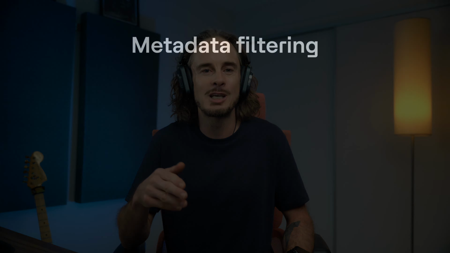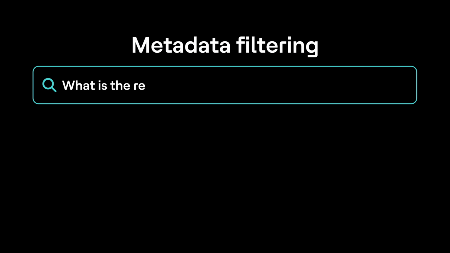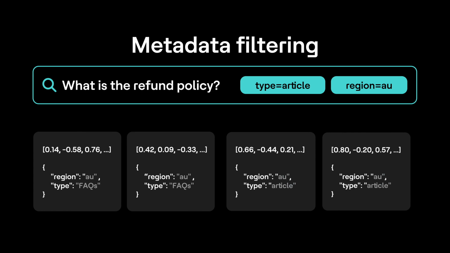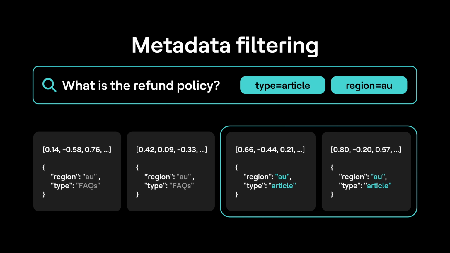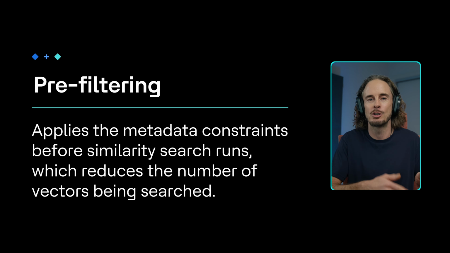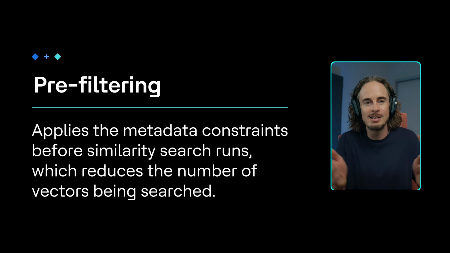Metadata filtering is the vector search equivalent of an SQL WHERE clause. It lets you scope results to only the data that's relevant for a given user or context by attaching structured attributes to chunks at index time. But unlike SQL, filtering can occur pre or post vector search. Pre-filtering applies the metadata constraints before similarity search runs, which reduces the number of vectors being searched.